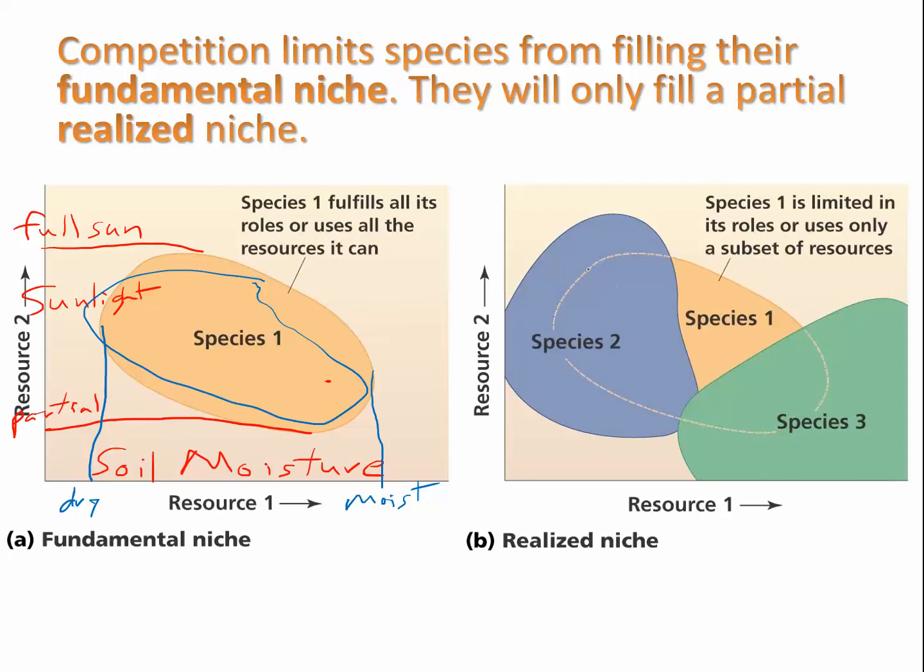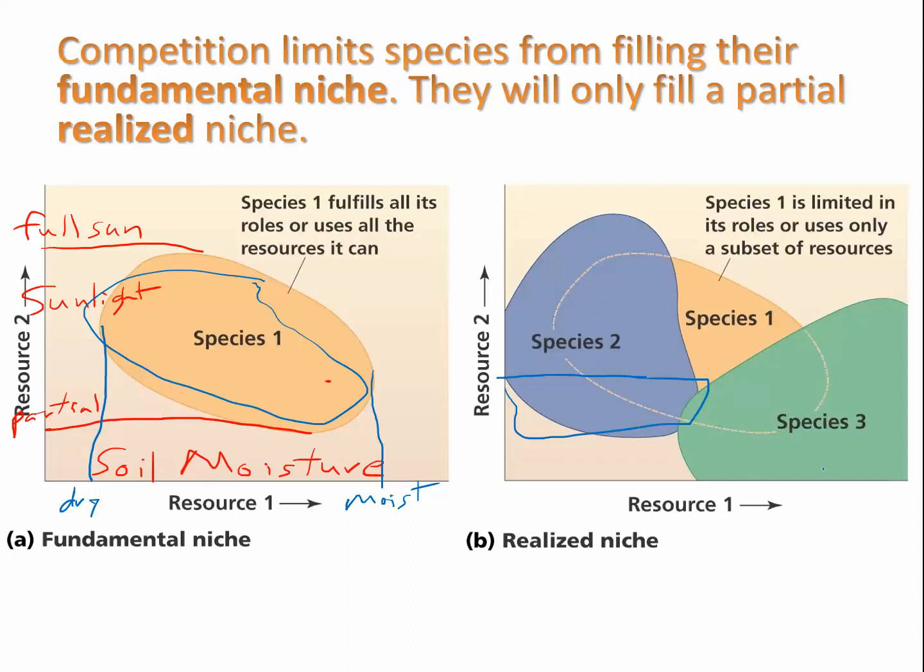But you bring in 2 other species that are competing in that same habitat. Now you can have a situation where species 1 gets boxed out. It's limited in its roles and uses only a subset of the resources. So because species 2 might be better at using low sunlight over here, species 1 might get pushed into the areas that have more sunlight.